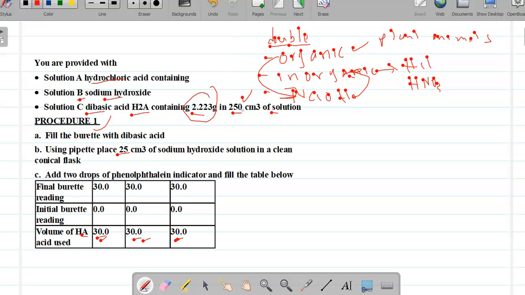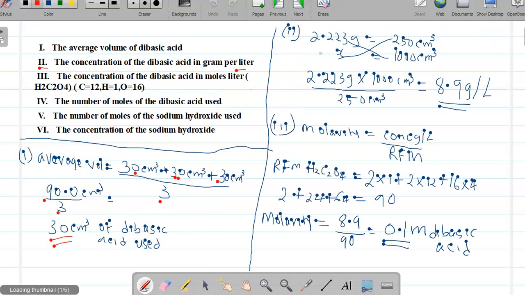So 2.223 gram is to 250, then what about 1000? You cross multiply: 2.223 times 1000, then divide by 250. When you do that, you get 8.9 gram per liter. That's how you calculate the concentration of the dibasic acid in gram per liter.